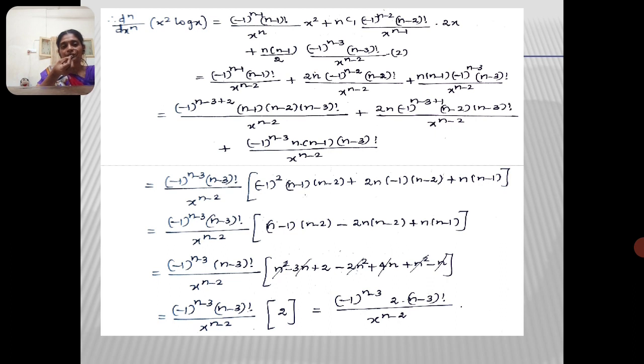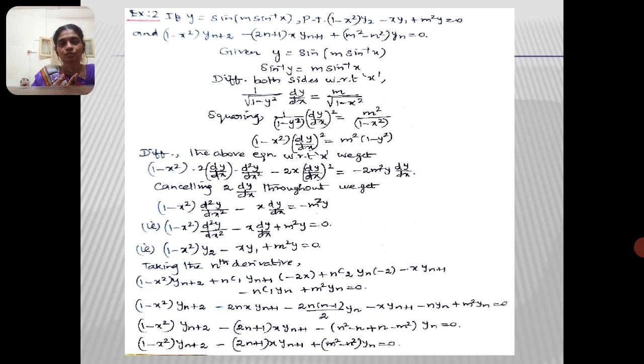So on simplifying, we arrive at minus 1 power n minus 3 into 2 into n minus 3 factorial by x power n minus 2.